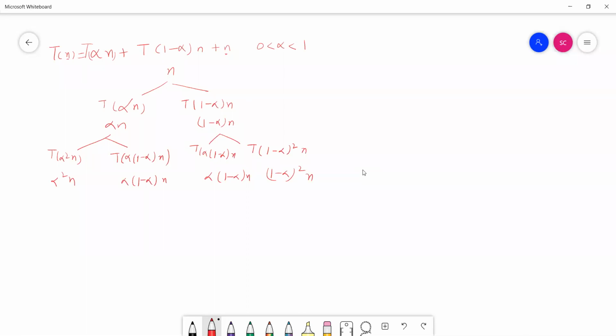Okay. So if we calculate it, here we are doing n amount of work. Here if you calculate, alpha n got cancelled, n amount of work.